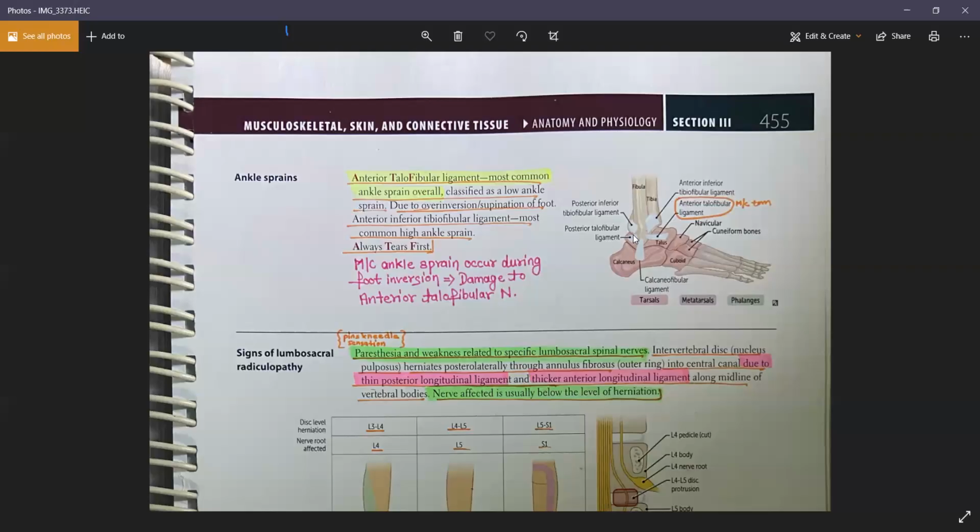The most common site of the damage is the anterior talofibular ligament, and the other ligaments are the calcaneofibular and the posterior talofibular. The most important one is the anterior talofibular, and it happens because of hyper inversion of my foot. Is that okay?